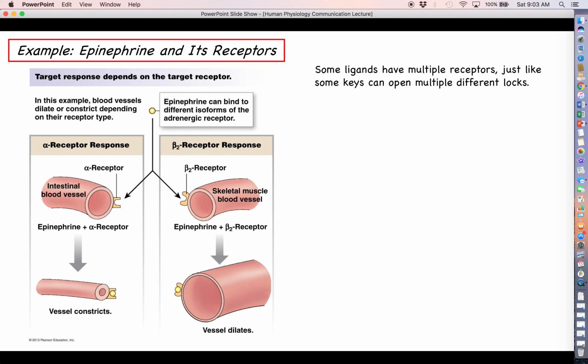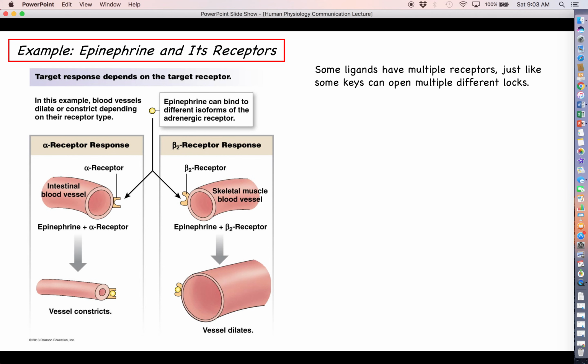Okay, so the last thing that I want to talk about in this video is a real physiological example. Something that we need to understand here dates back to that video on the relationship between a ligand and its receptor. I gave the feeling that there's generally only one ligand that goes with a receptor, and that generally is true.